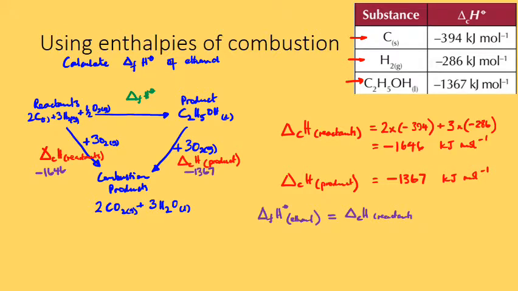We've left that symbol unchanged because we're going in the direction of the arrow. But from the combustion products up to the product, we're going against the direction of the arrow, so we're going to say it's minus the enthalpy change of combustion of our product.